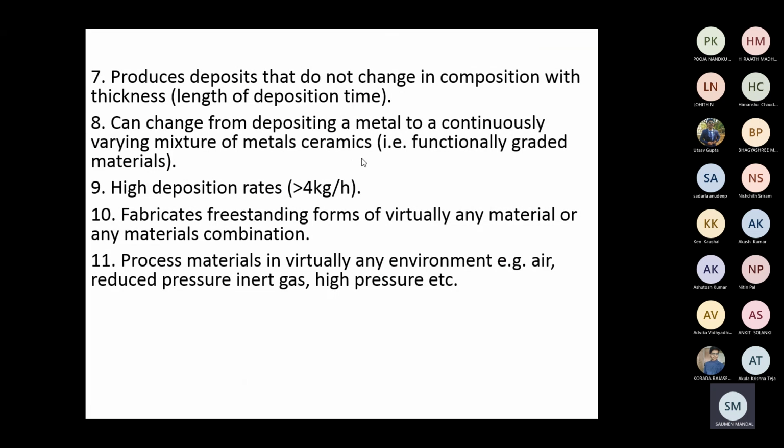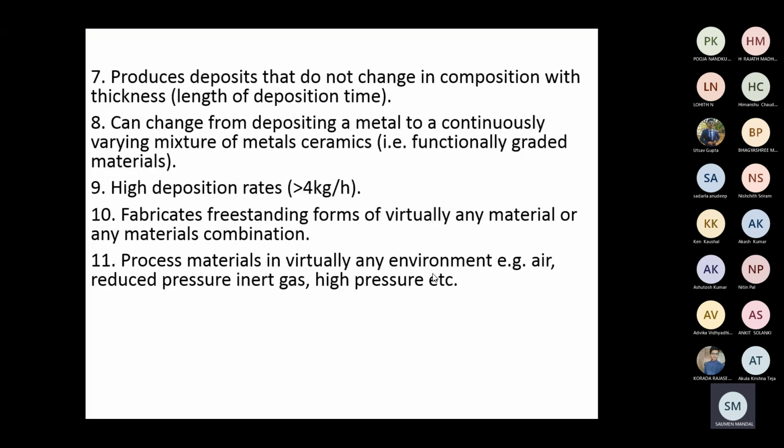So any material in fact can be used. There is a very high deposition rate, and it fabricates freestanding forms of virtually any material or any material combination. So if you want to deposit two materials, that combination is also possible. And it can process material in virtually any environment: air, reducing gas, low pressure, or high pressure.